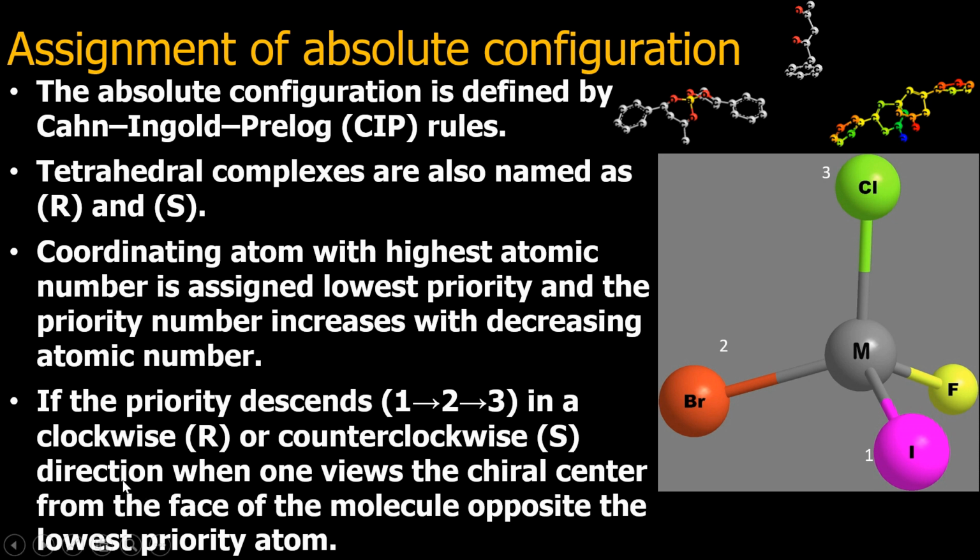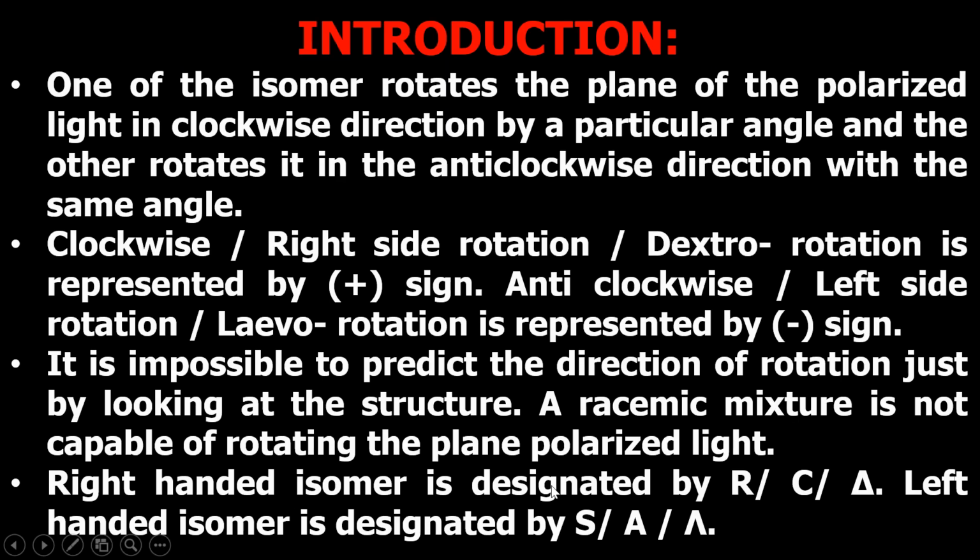Which method? One views the chiral center, this M is the chiral center, from the face of the molecule opposite to the lowest priority atom. So this F is the lowest priority atom. And see how we can do it. I will show it to you again by the figure.